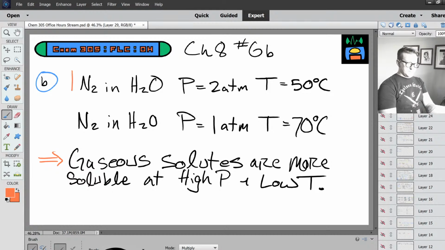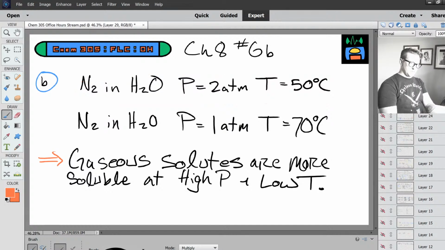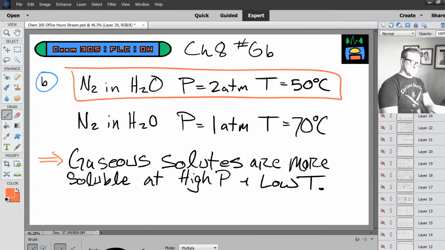So that means that the first solution, which has twice the pressure and a cooler temperature, will have a higher concentration of solute.